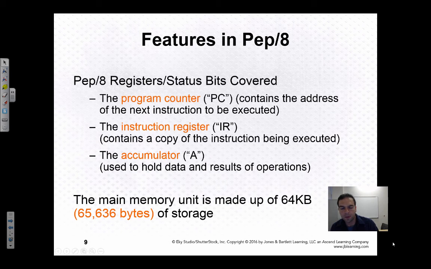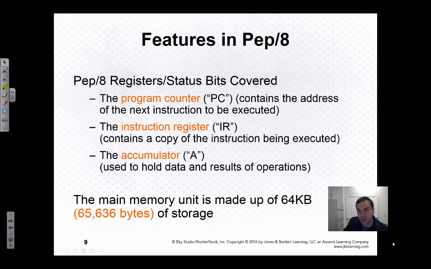Registers that we have here are the program counter, and that register holds the next instruction that will be fetched and interpreted, executed by your CPU. The instruction register contains a copy of the instruction that was just executed or that's being executed. And the one piece of data that we're going to be working on as a register is the accumulator, or A register.